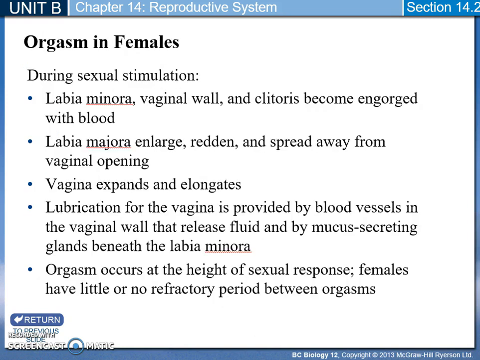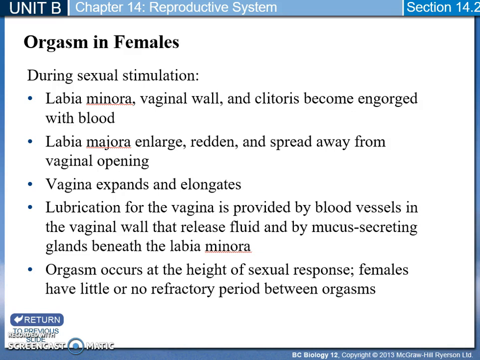Orgasm in females: during sexual stimulation, the labia minora, the vaginal wall, and the clitoris become engorged with blood. Again, this is also under parasympathetic nervous system control. The labia majora enlarge, redden, and spread away from the vaginal opening.